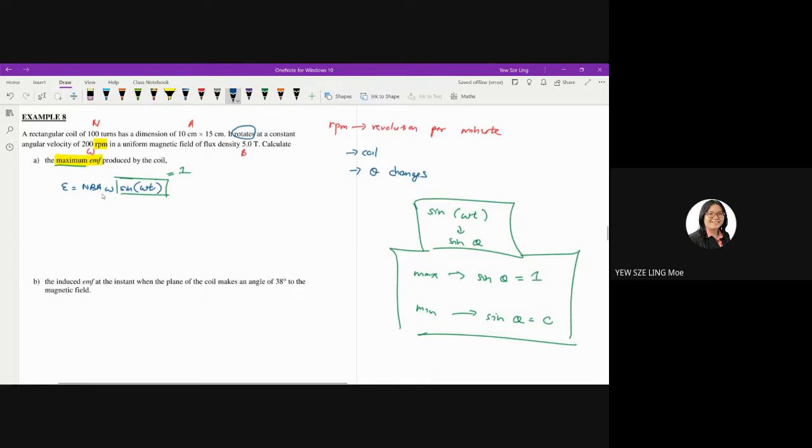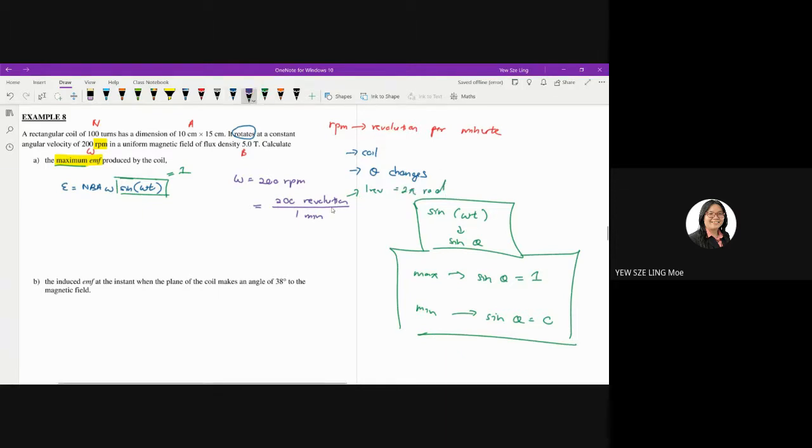Now how are we going to solve this question? First of all, let us do a unit conversion. Most of the time, the unit conversion is very simple. Let's see how to convert the unit for 200 RPM. So ω equals 200 RPM, which simply means 200 revolutions per 1 minute. Remember, 1 revolution equals 2π radian.